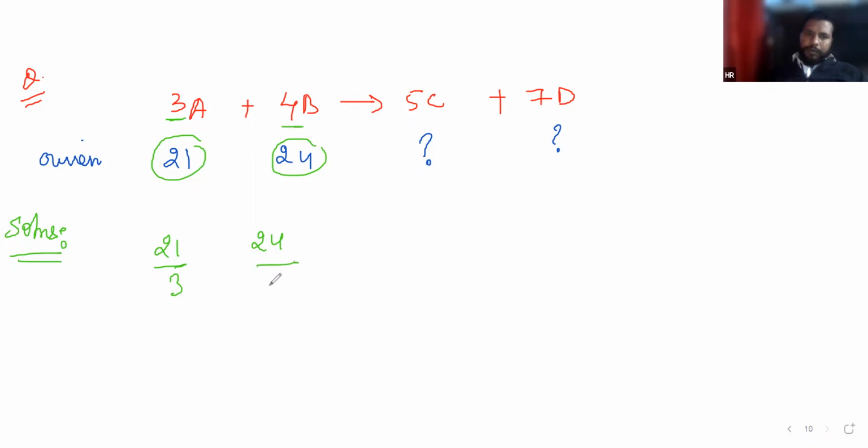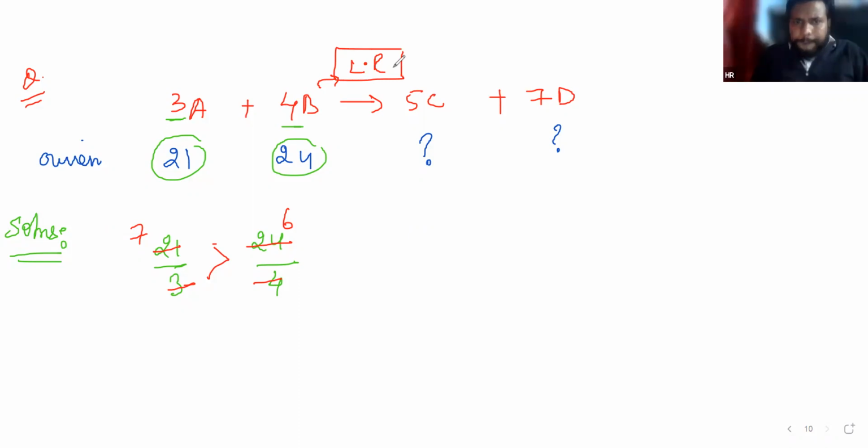Just take the ratio. Which ratio is bigger and which is smaller? 21 by 3 is 7, and 24 by 4 is 6. You know that 7 is greater than 6. So the smaller ratio will be the limiting reagent. Got it, Krishna? Yes, sir.